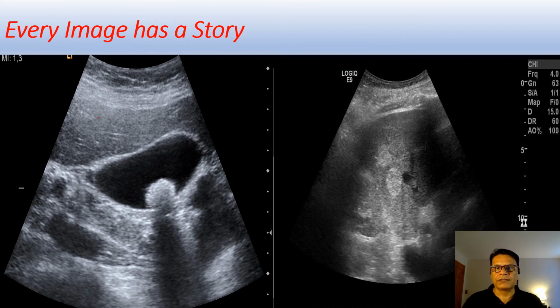Another story: here is a liver, and you see here is a coin-shaped lesion, that is a hemangioma. We differentiate this area from the rest of the area only because of the intensity of the echo.